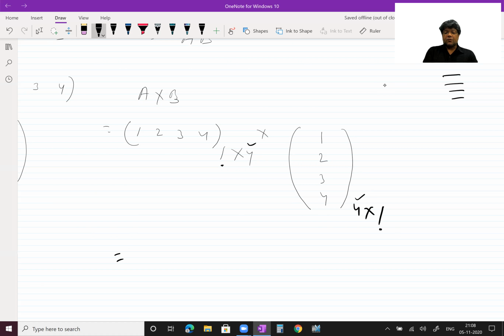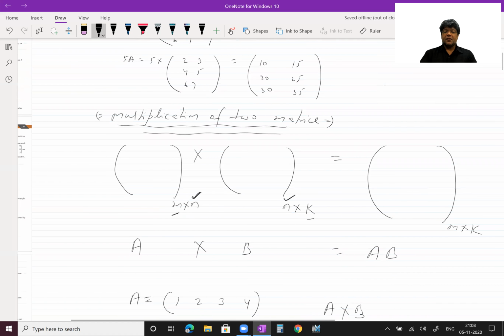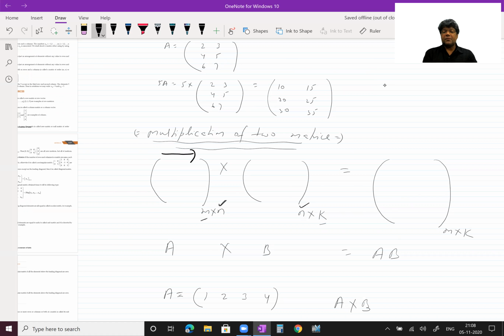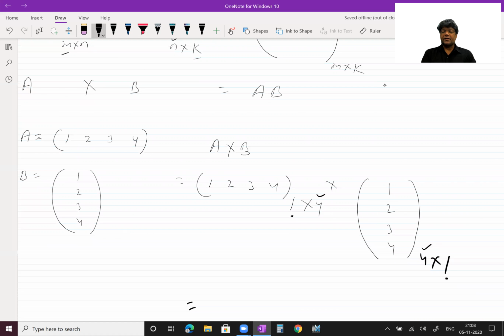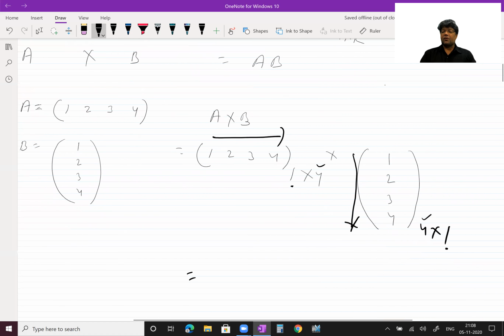How will the multiplication be done? Row by column. The row of the first is multiplied with the column of the second. So here the only row is multiplied by the only column of the second.